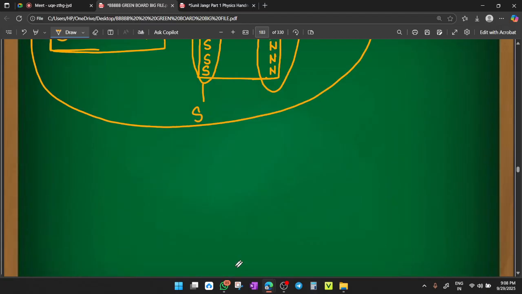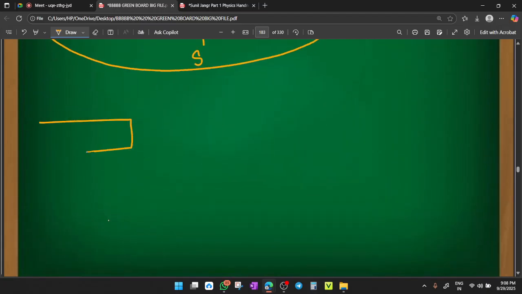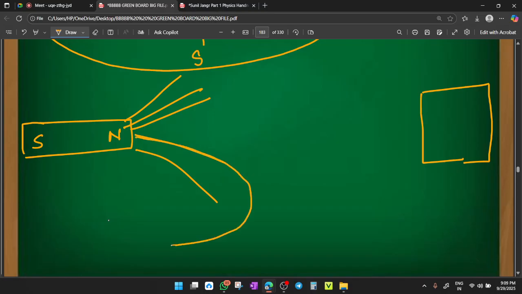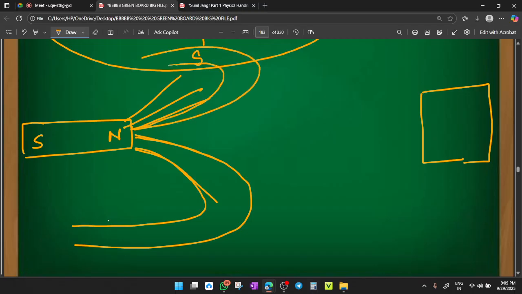If you have a north-south magnet, but the magnetic material is out of the reach of its field, placed here, you can see the lines of force are not reachable to this magnetic material.